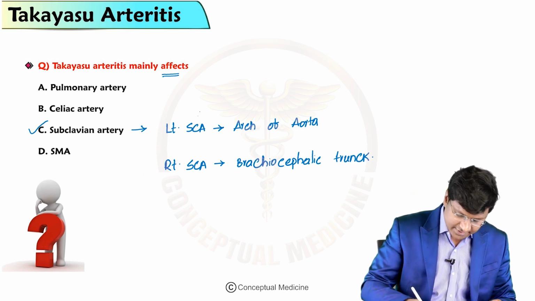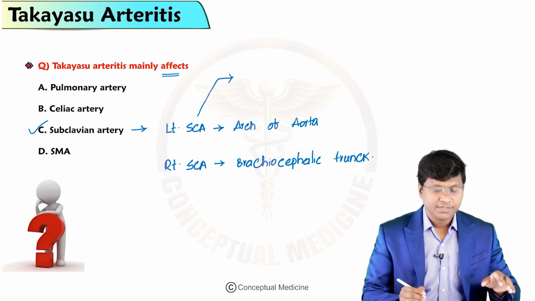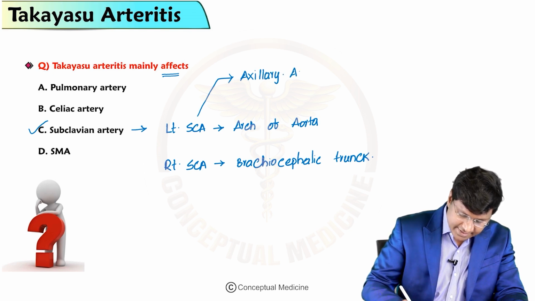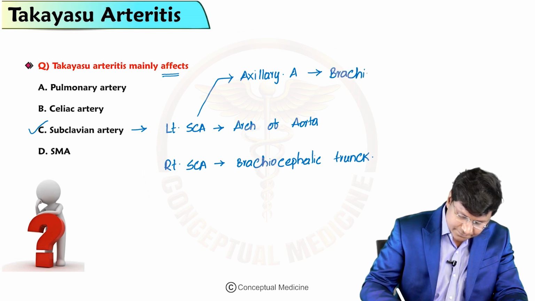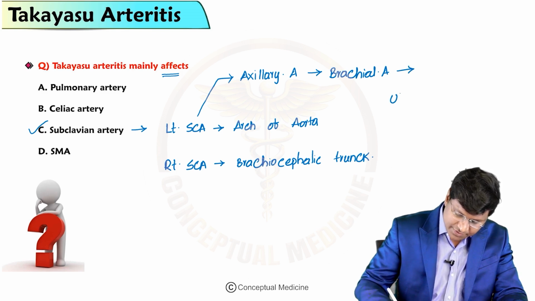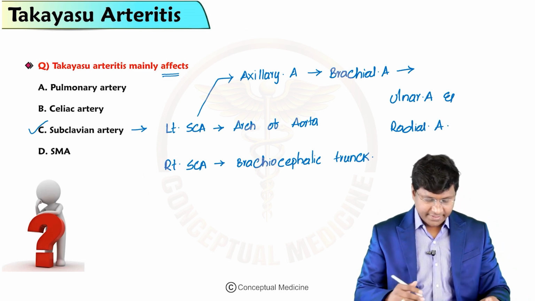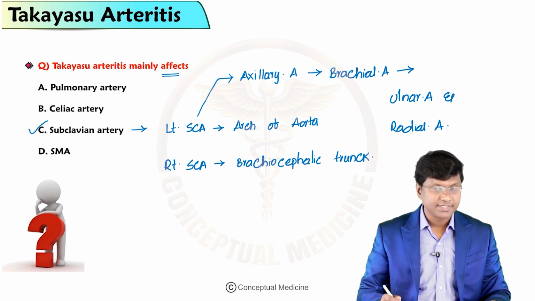You have to understand that this subclavian artery continues as the axillary artery into the upper limb. The axillary artery further continues as the brachial artery, which will divide into the ulnar artery and the radial artery.